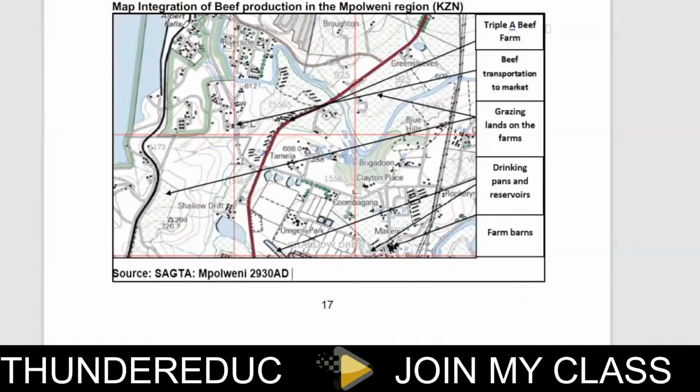Look, the beef farm is here. Then beef transportation to the market. Then we have grazing land on the farm. These are the areas where they graze animals, drinking ponds and the reservoirs, those are there. Then we have the farm bends, which are here now.